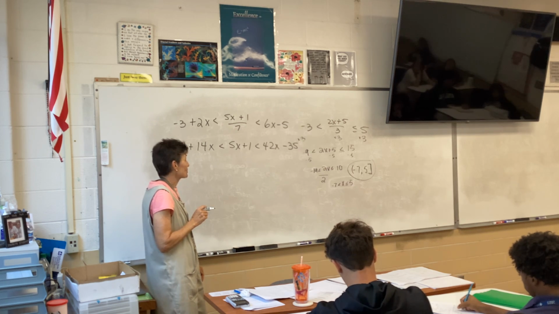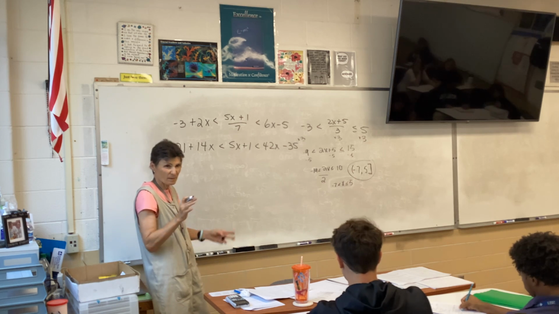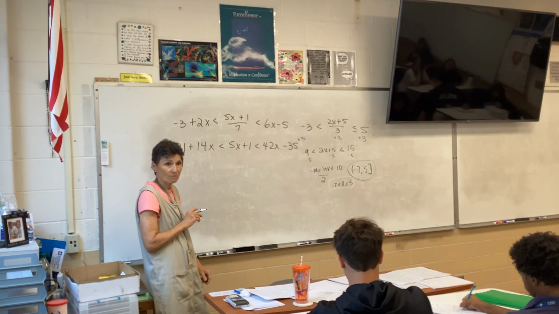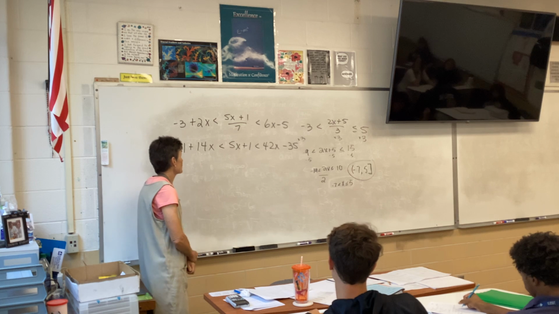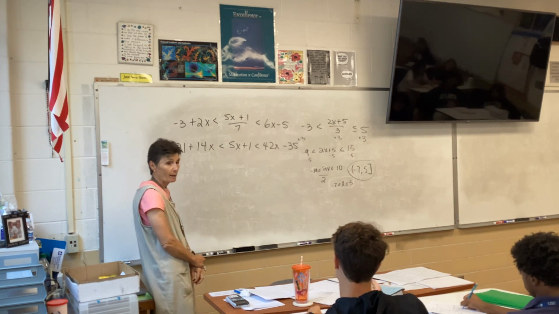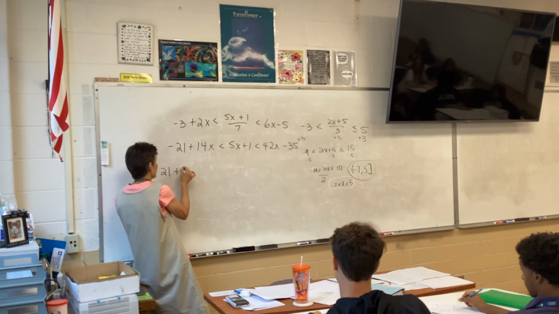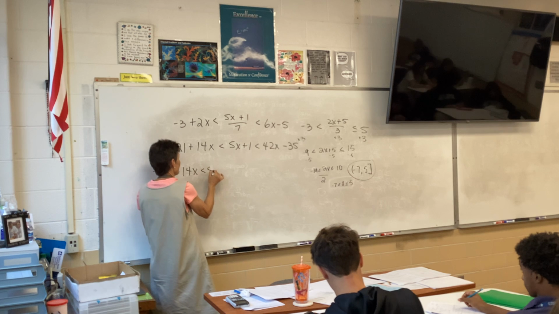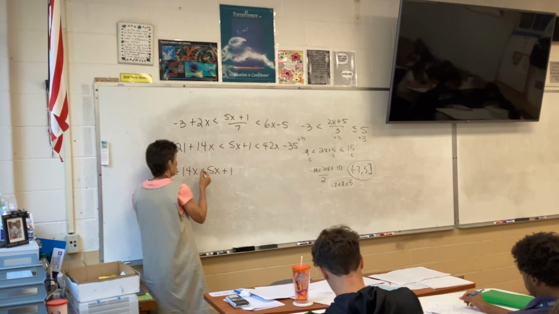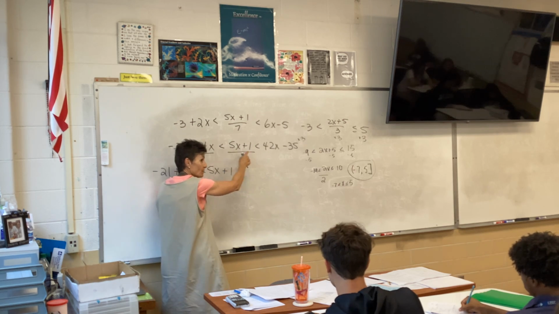But there's really no way now of getting X in the middle by itself. So what should I do? What am I gonna do? I'm gonna have to separate them. And when I separate them, there is a very important word we have to include. So one of our inequalities is right here. Would you agree with that?